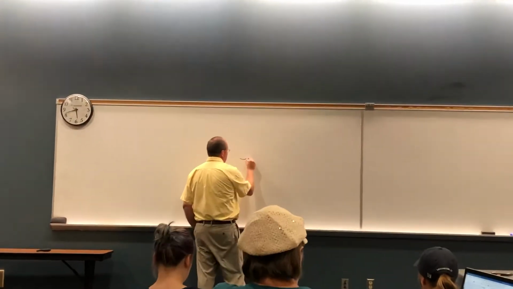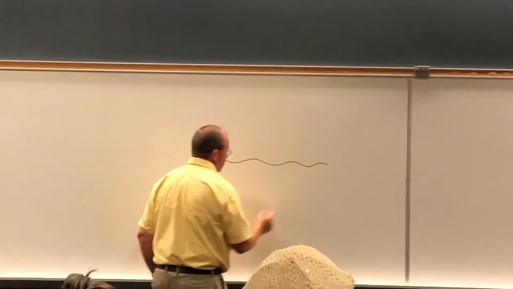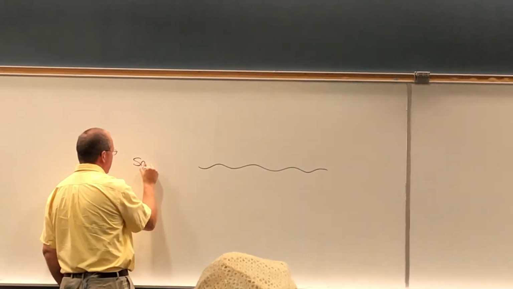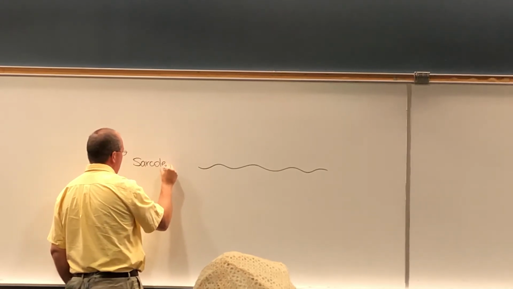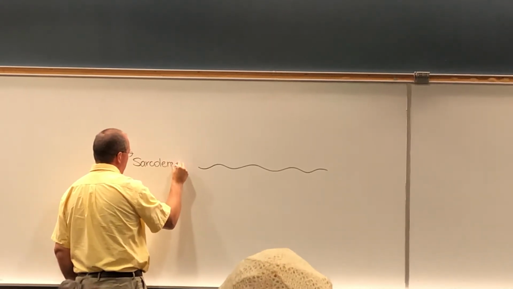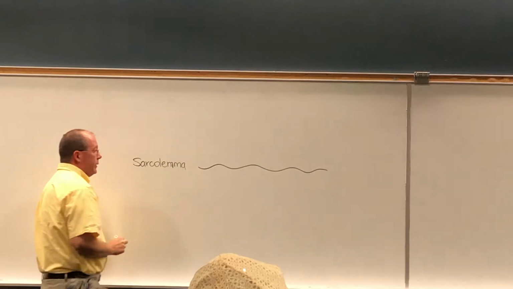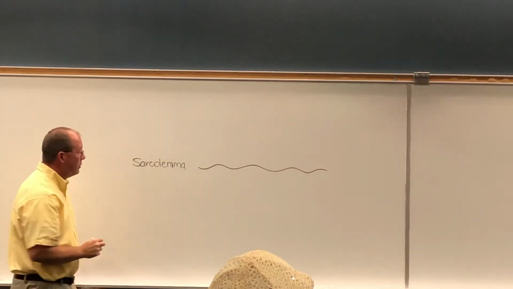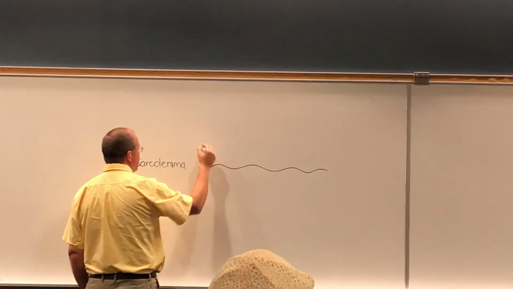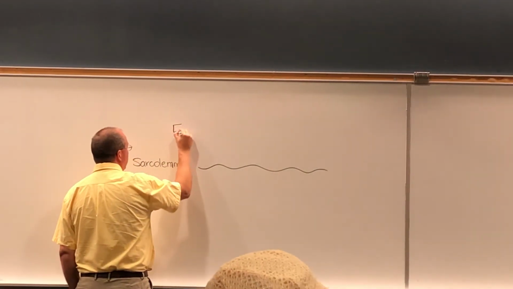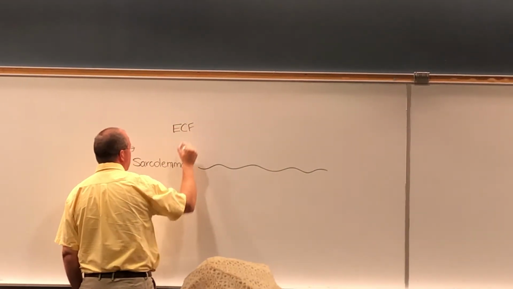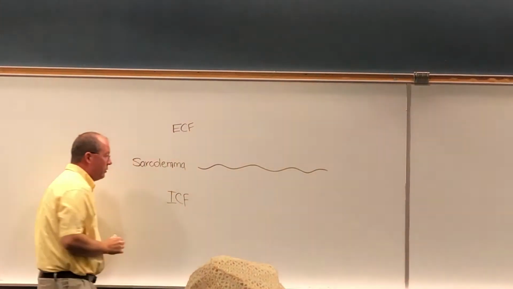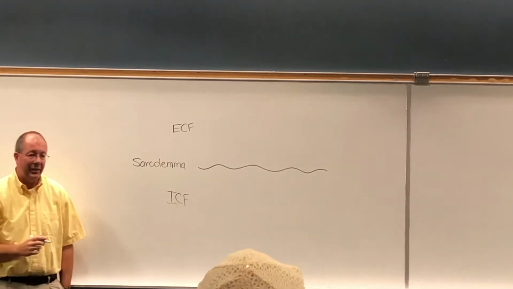The first thing I'm going to draw is the muscle membrane, the sarcolemma. Remember, this is the membrane of the muscle cell. Outside, there's fluid that surrounds the cell, and on the inside, there's fluid as well.